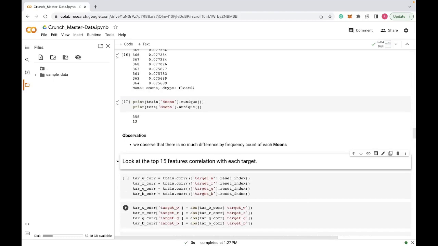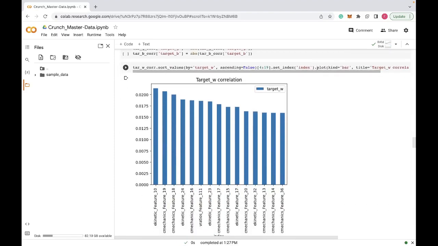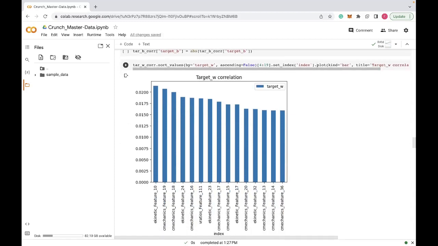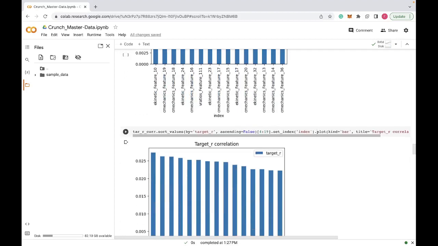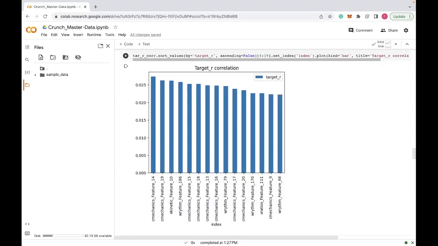So now we want to look at the top 15 correlations with each target. Remember I said we have targets W, R, G, and B. Looking at the correlation for each of them, for target W, among the highest 15, we observe that most of the features are from A kinetics and C mechanics. For target R, they are from C mechanics.